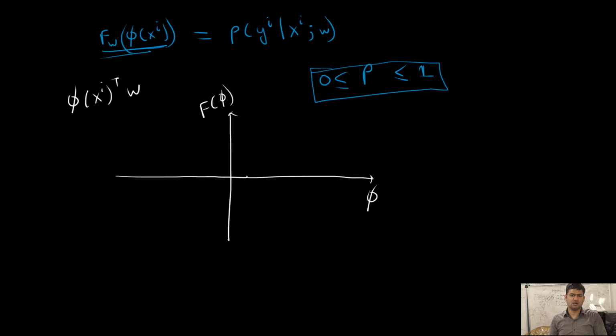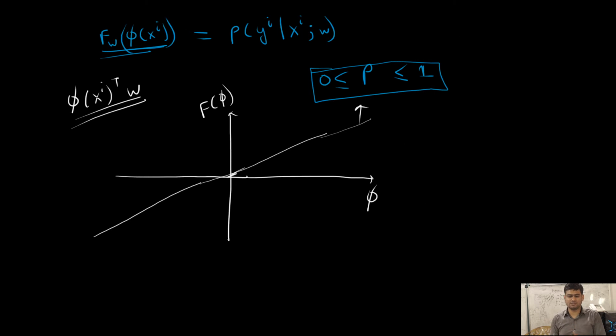That is, the function is unbounded both below and above. It will pass through the origin. As phi goes to infinity, the function will go to infinity, and as phi goes to negative infinity, the function will go to negative infinity, depending on the sign of w. So this kind of function doesn't satisfy this property. This is a bad choice for learning the probabilities because this function is unbounded below and above.